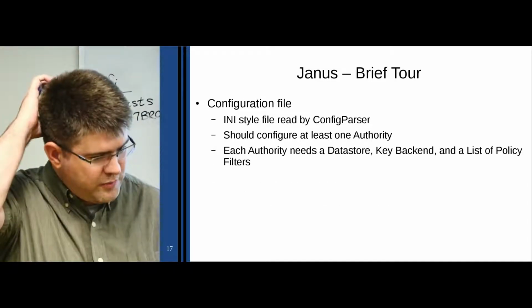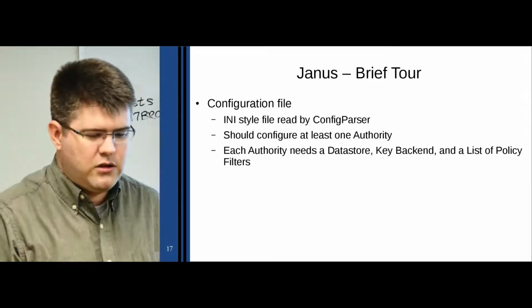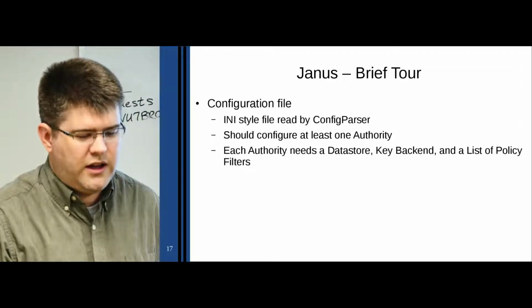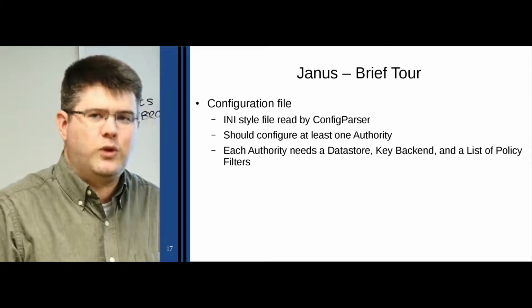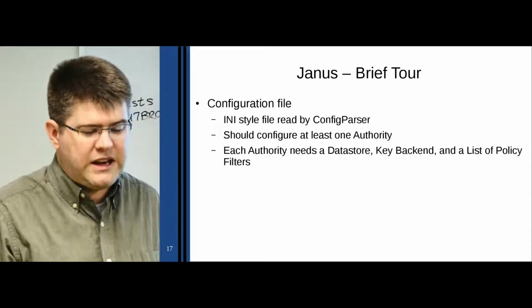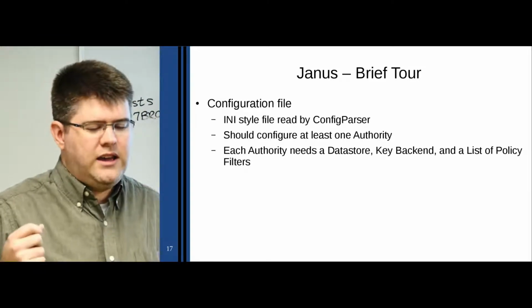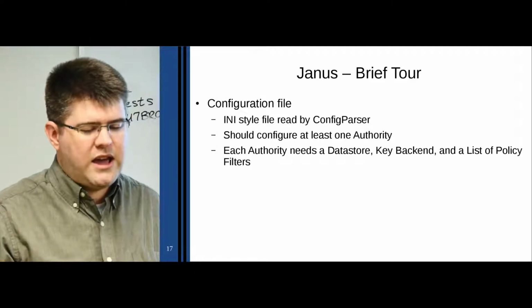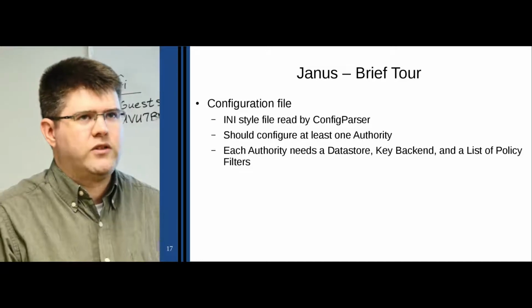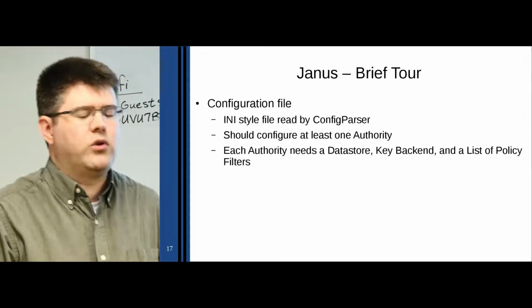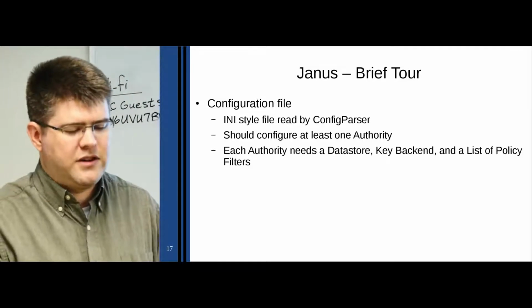It uses a simple INI style configuration. There's not much point in it unless you have at least one authority configured. And each authority needs a data store, a key backend, and a list of policy filters. The data store is where it's going to store some information about the certificate authority.